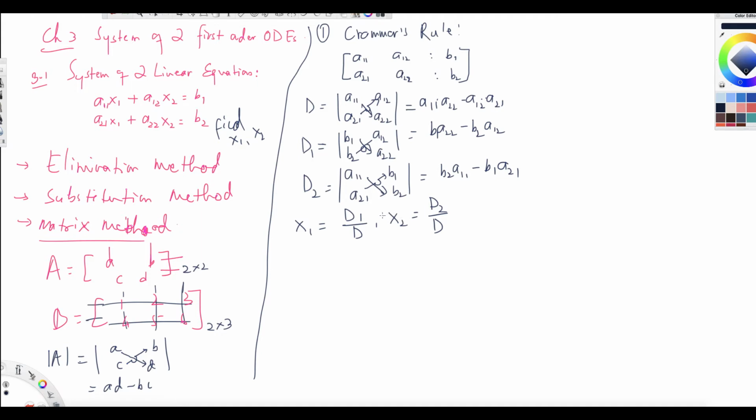Okay, guys. The next thing you see is a theorem, and then we will talk about under which condition this equation has a solution.